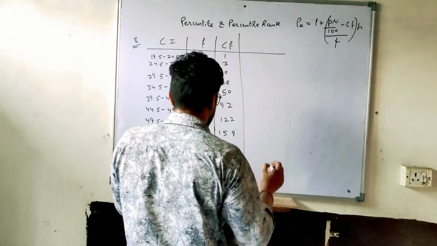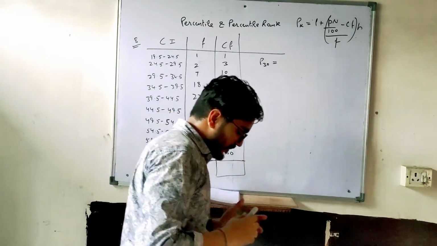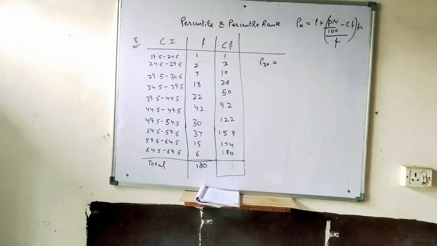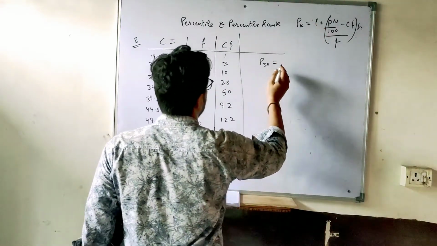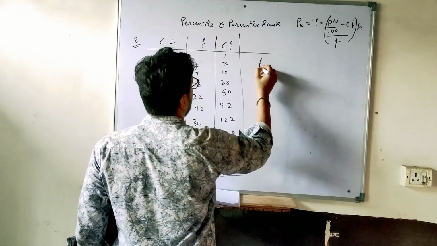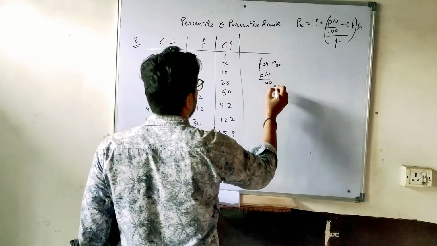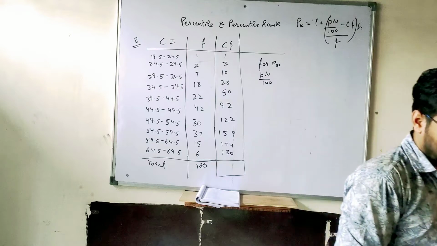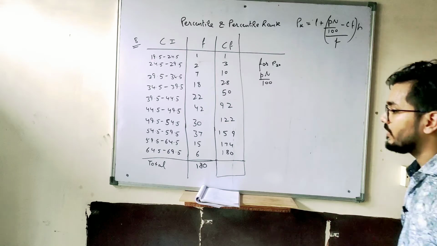Now we have to find P30 and P60. For P30, the formula is this one. Let's first find out Pn upon 100. The P value will be 30, because we have to determine P30, and the number of terms is 180.